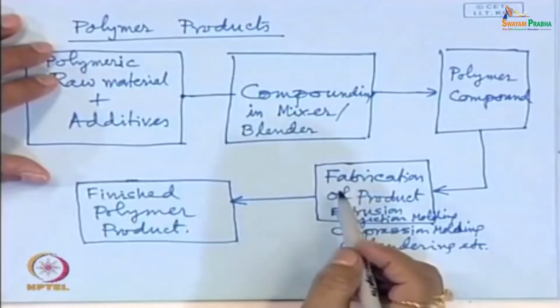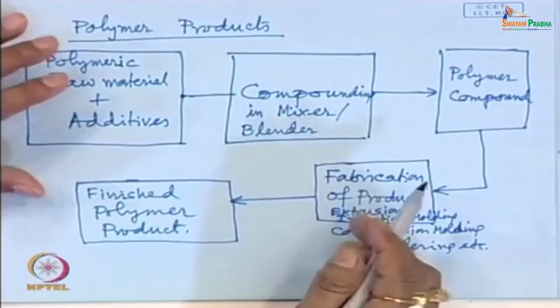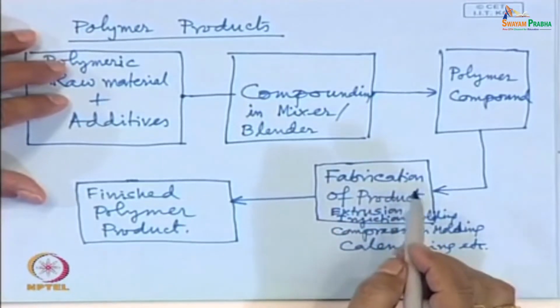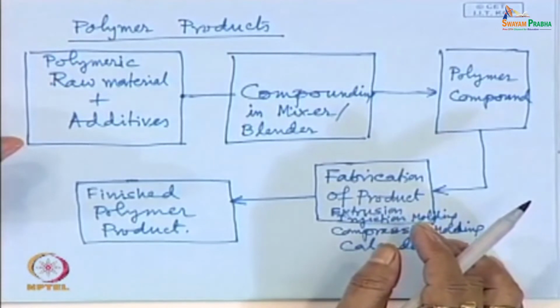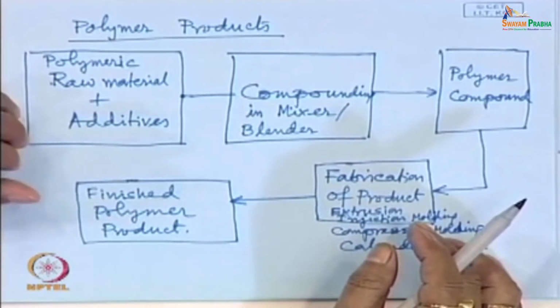So, all those additives or ingredients are incorporated in the polymer, and then finally, we use the finished product. Now, before going to produce this finished product through discussing these fabrications, we have to first see what are the functional additives used in polymer to make what products.